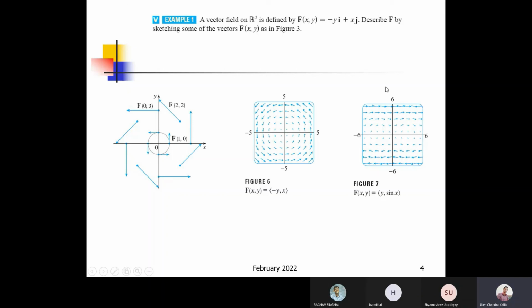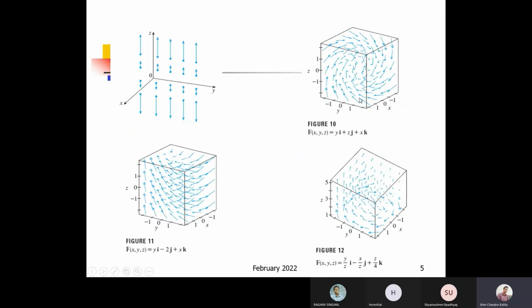Similarly, in 3D you can have, for example, this figure. You simply take a fixed point, run through the vector at that point, and you'll be able to draw all these vectors.